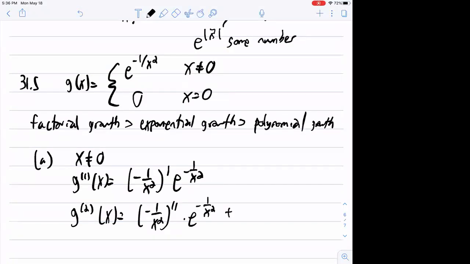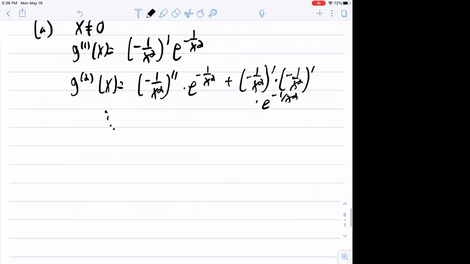If you look at this thing, it gets really messy. Obviously, it's very hard to calculate the derivatives in this case, because of product rule. Here you have one term. The second derivative, product rule, gives you two terms, and then the third derivative, product rule, will give you four terms, right? So not good.